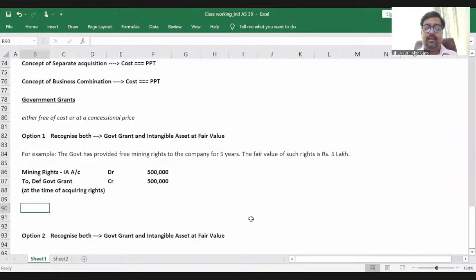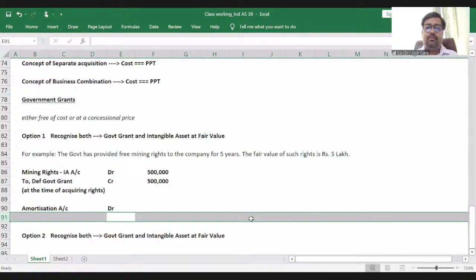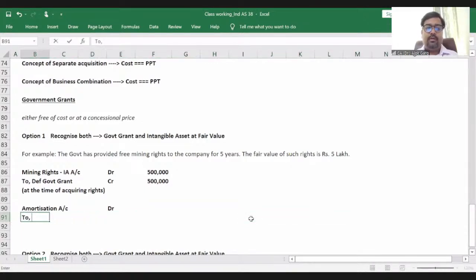At the year end, the accounting entry is amortization account debit to accumulated amortization or to mining rights. And what is the amount? If life is 5 years, 5 lakh rupees is there, so 5 lakh divided by 5. So this intangible asset will be amortized over a period of 5 years, right?